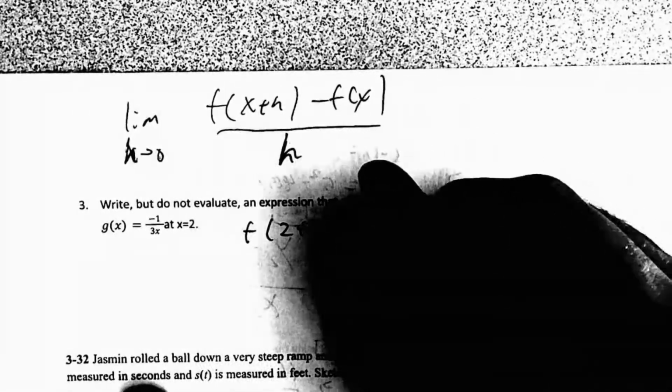So I know that it's going to be f of 2 plus h minus f of 2 over h. I'm just writing it.